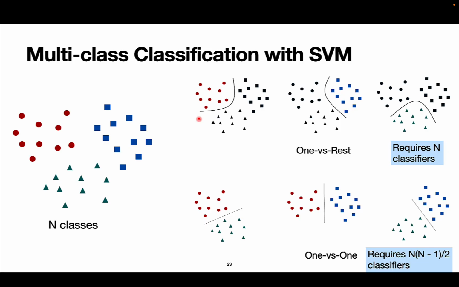Another approach is called one versus one, where instead of comparing one class against others, we train a classifier for every possible pair of classes. This is going to result in a large number of classifiers, but higher accuracy. Then at prediction time, each classifier votes, and the class with the majority vote is chosen.